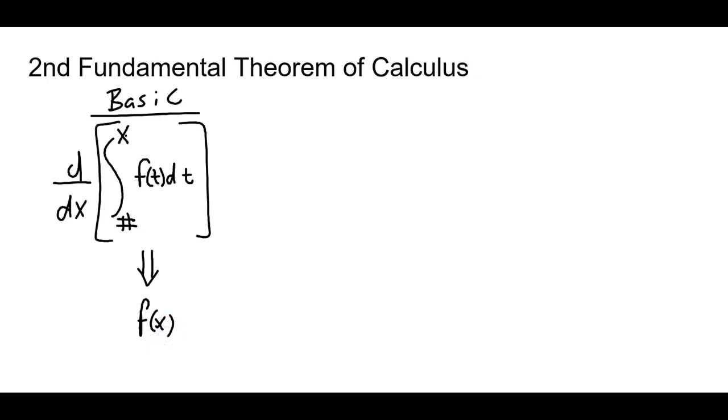Okay? Now, you could have a more complex one. Okay? So what that would look like is, instead of having a number down here and just an x here, it's possible you could have more than that. In fact, you could have a function here and a function here.